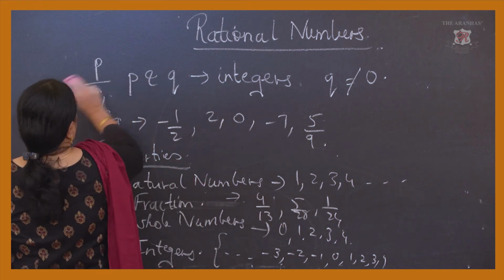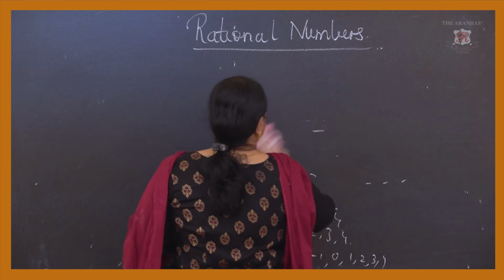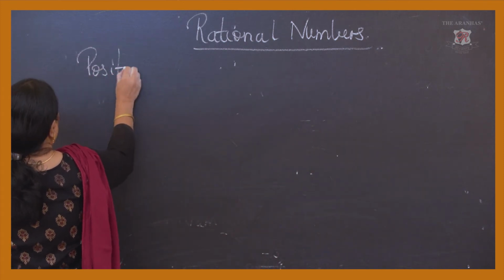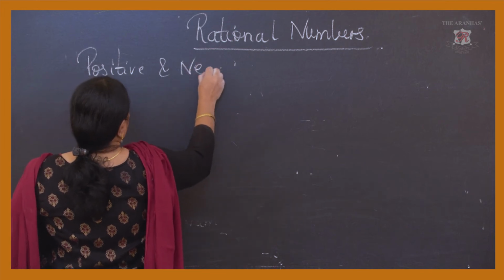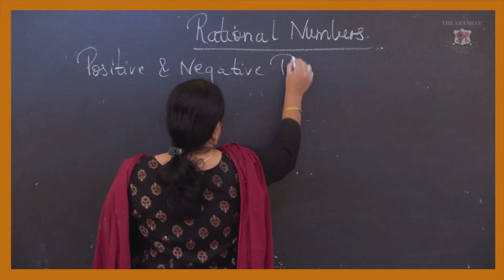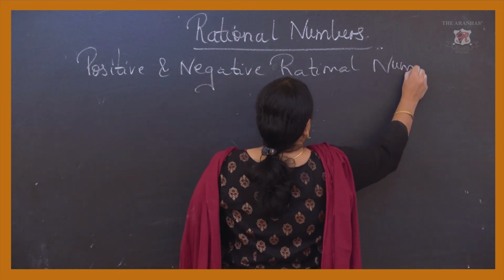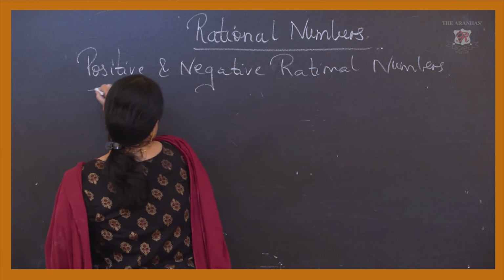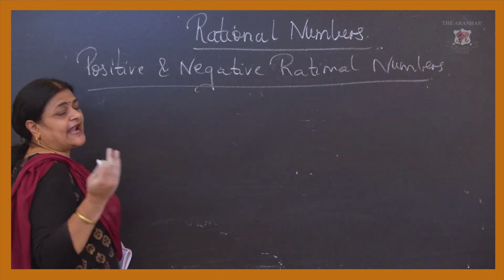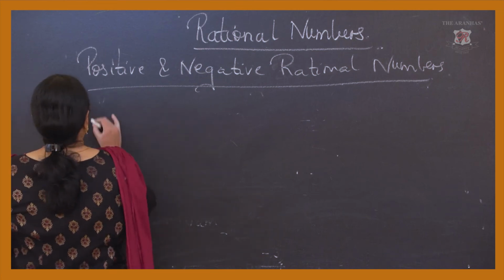Okay, next is positive and negative rational numbers. Under positive and negative rational numbers, both the numerator and denominator can be positive or they can be negative also.